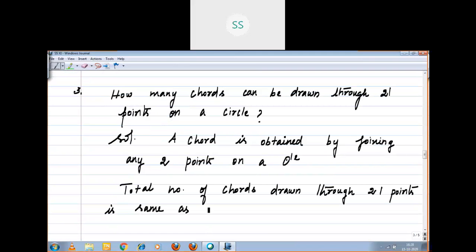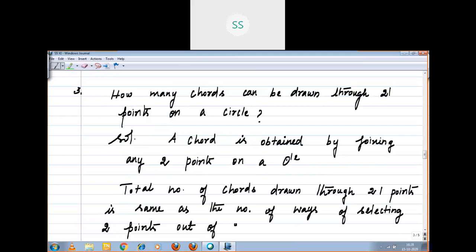the same as the number of ways of selecting 2 points out of 21 points.